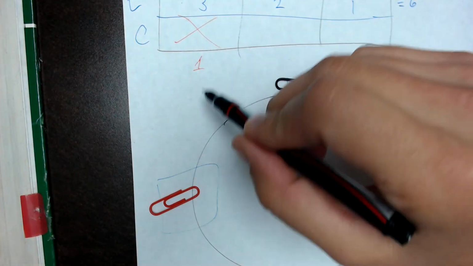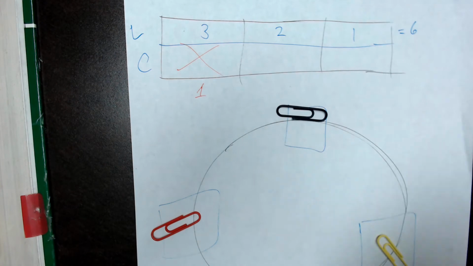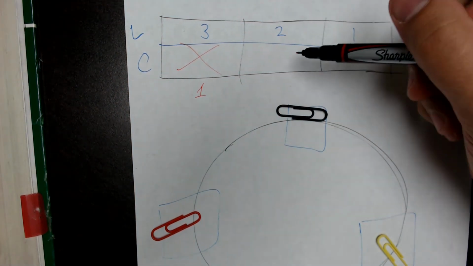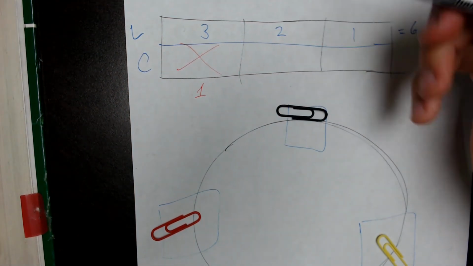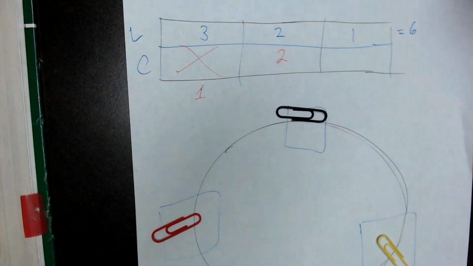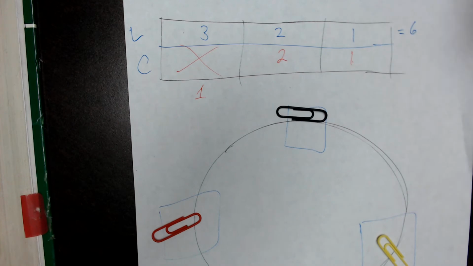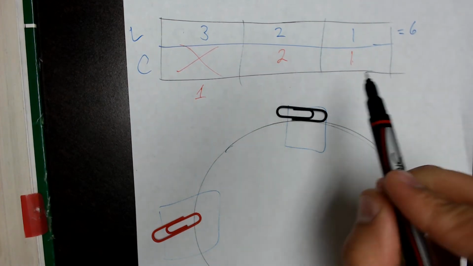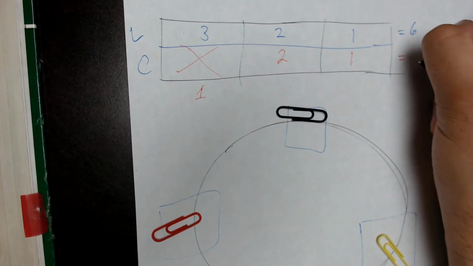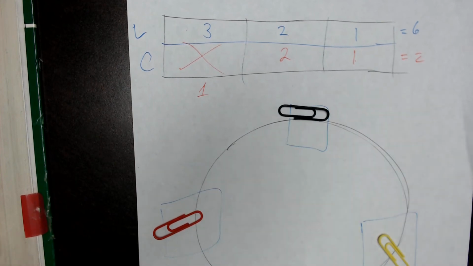So whether you use 1 or cross it out, you then have to look at how many options there are for the second square. In this case, it would only be 2 because the first square is taken, and then the last square would only have 1 option left. So you'd either just get 2 times 1, which gives you 2 options, or 1 times 2 times 1, which gives you 2 options.